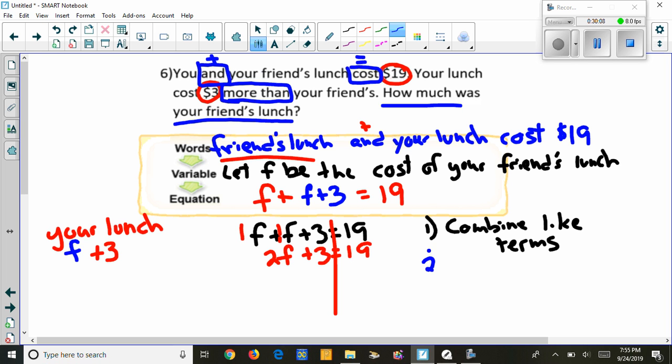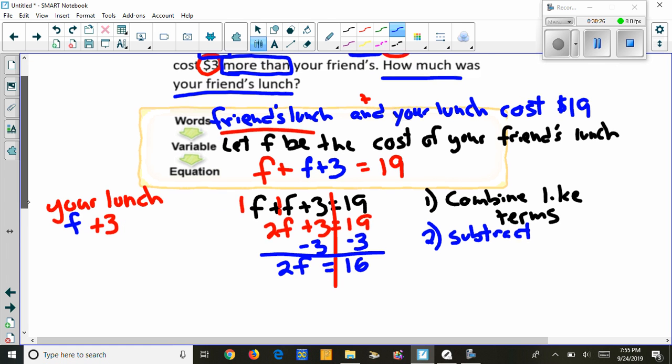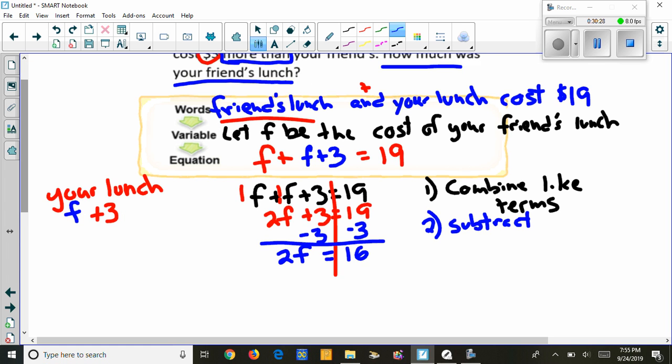Second step here is I need to go ahead and subtract the 3 away. So 2F equals 16. And then finally, I can divide.